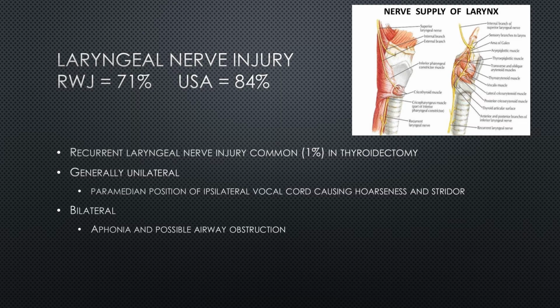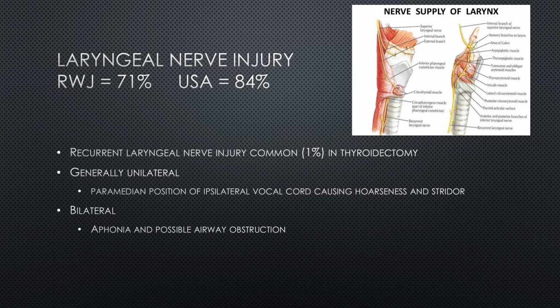So what happens during a unilateral nerve injury? The vocal cord assumes a paramedian position of the ipsilateral cord, and this can cause hoarseness and sometimes stridor. If there's a bilateral injury, this can lead to aphonia and unfortunately a possible airway obstruction.